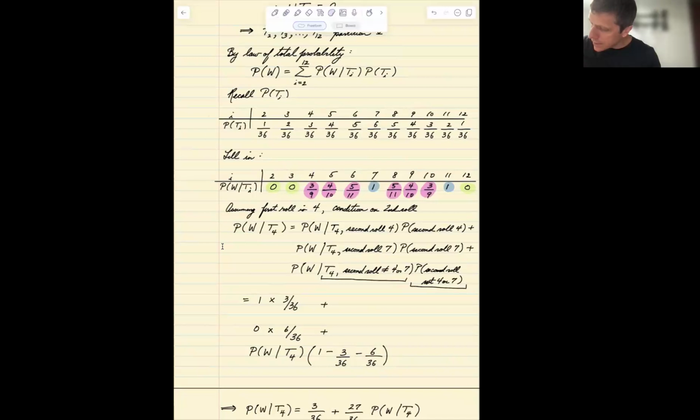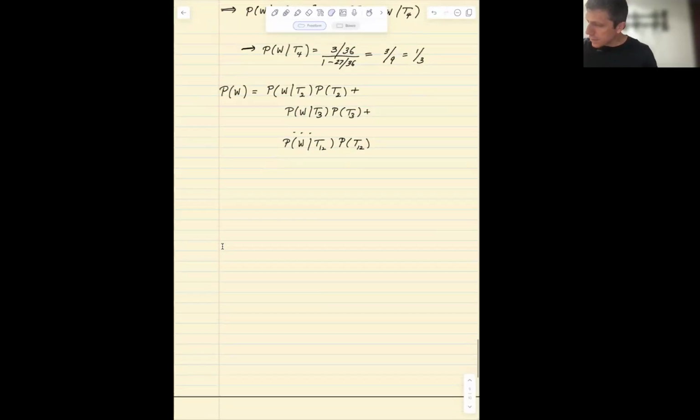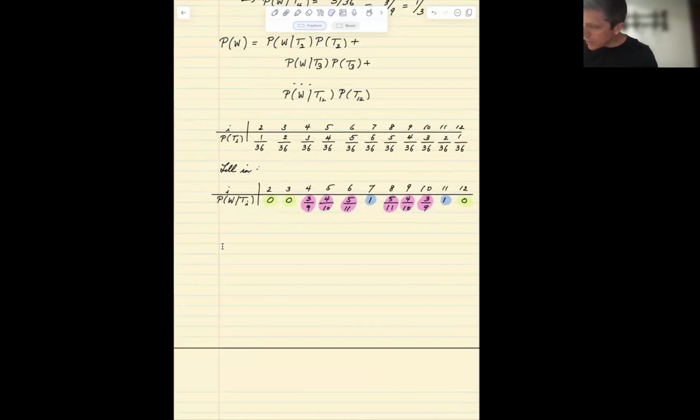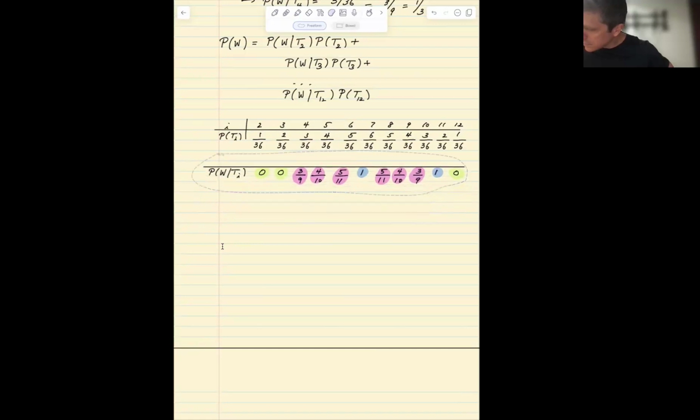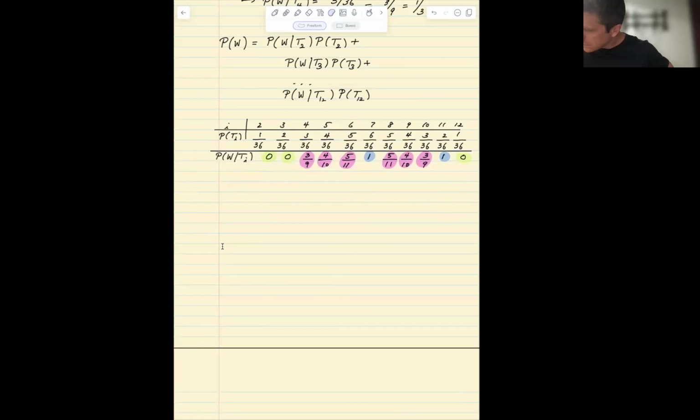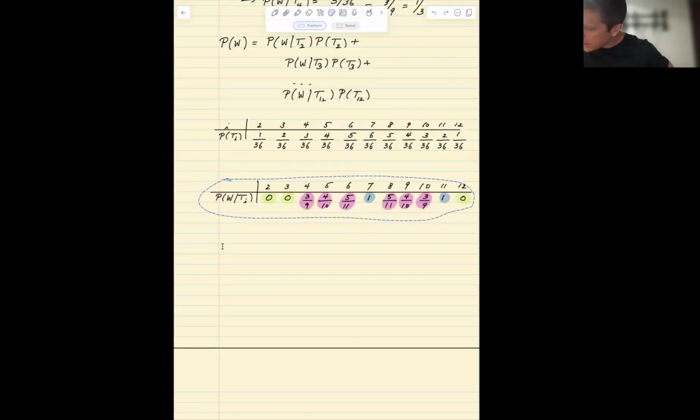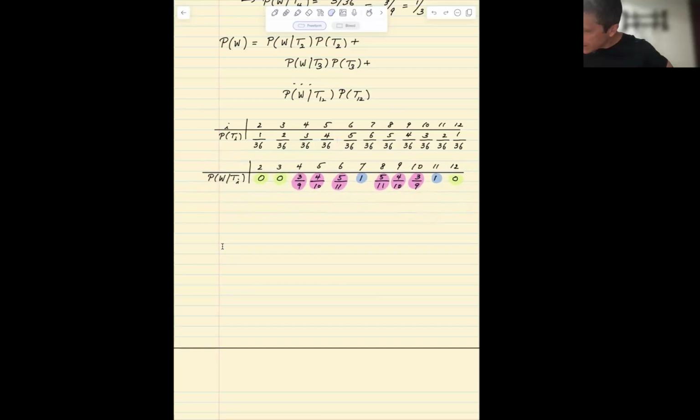Let's just copy these tables down. They're not perfectly matched up, but essentially what we need to do is multiply each case together.